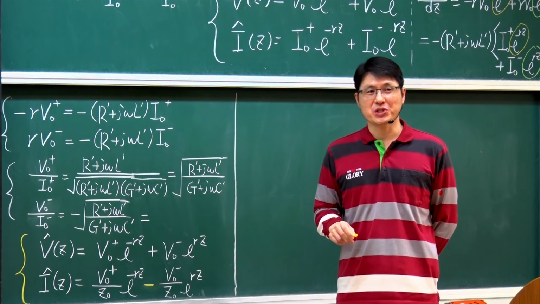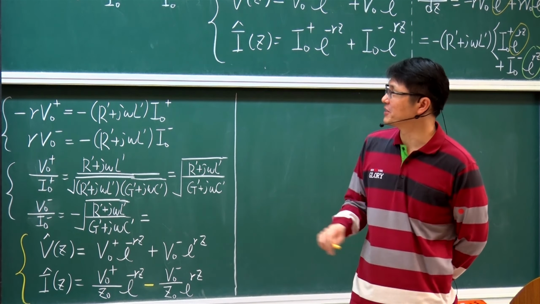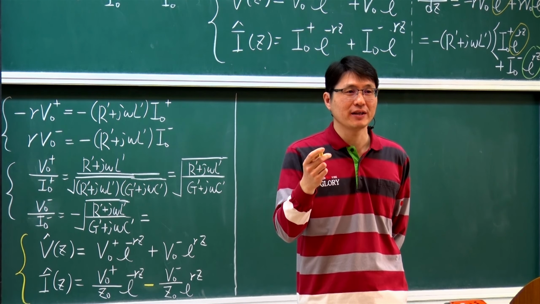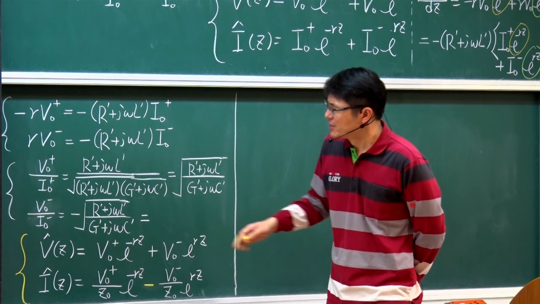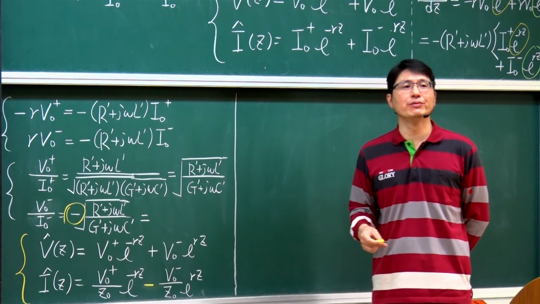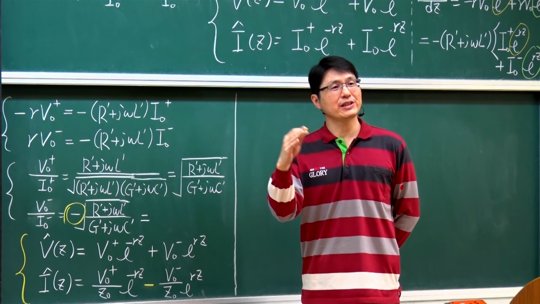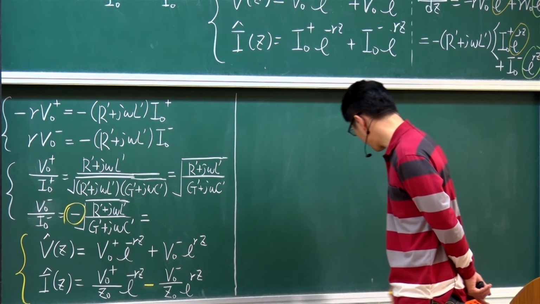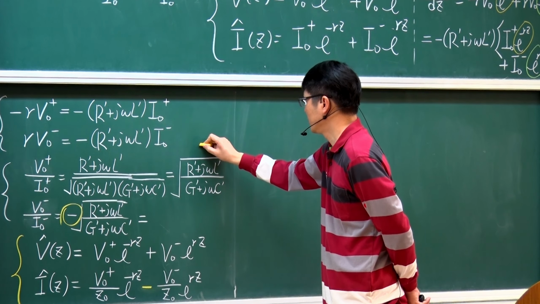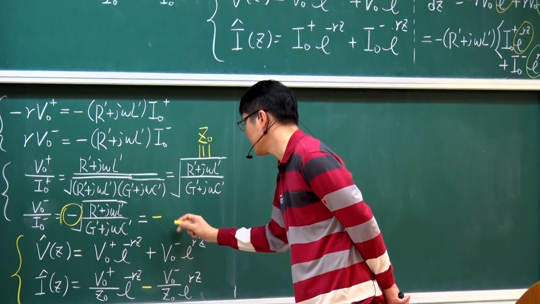Now the bigger question is, what about V0 minus divided by I0 minus? If they're equal, then we hit the jackpot. After the derivation, remember, there is an additional negative sign, but the value is the same, only differing in the sign, which is really not too bad. So let's define this as Z0 and define this as negative Z0.